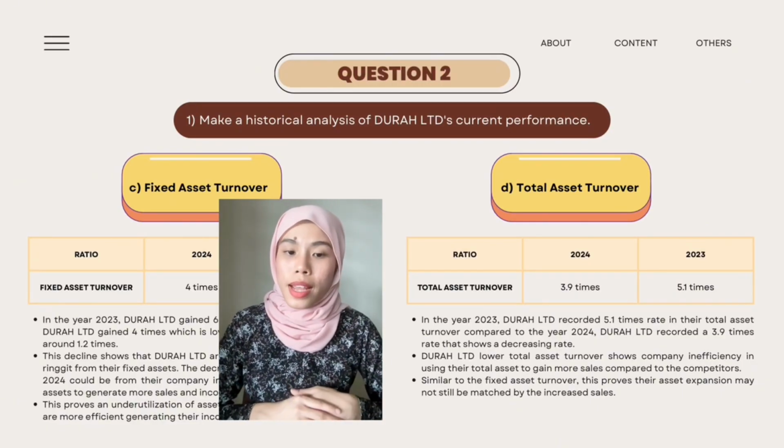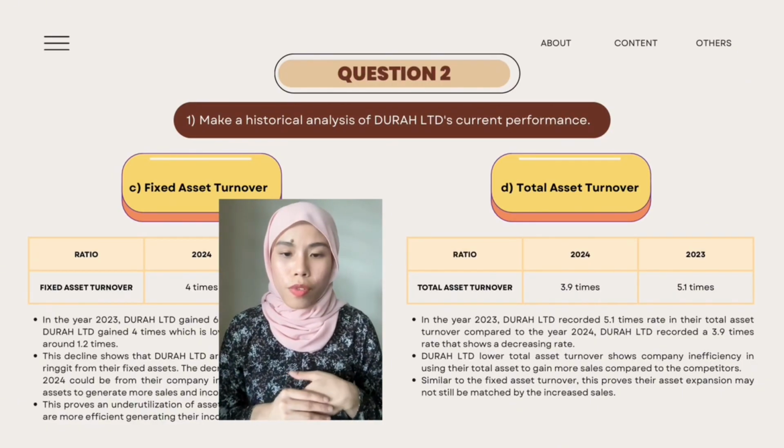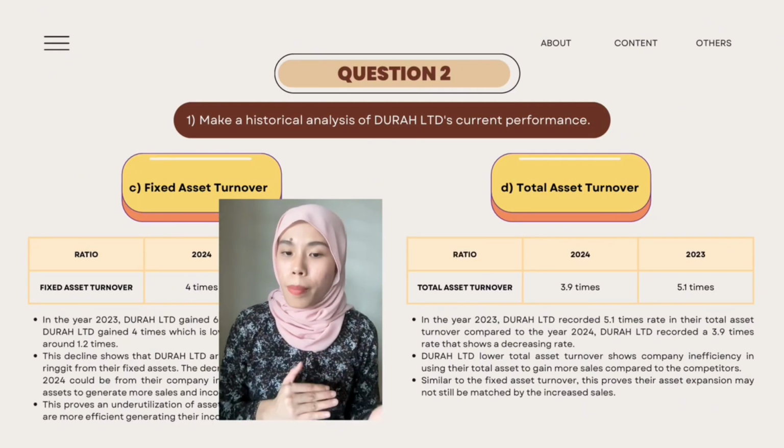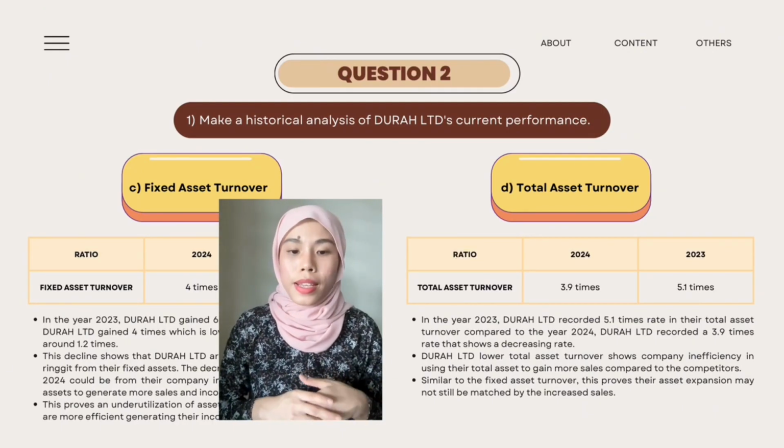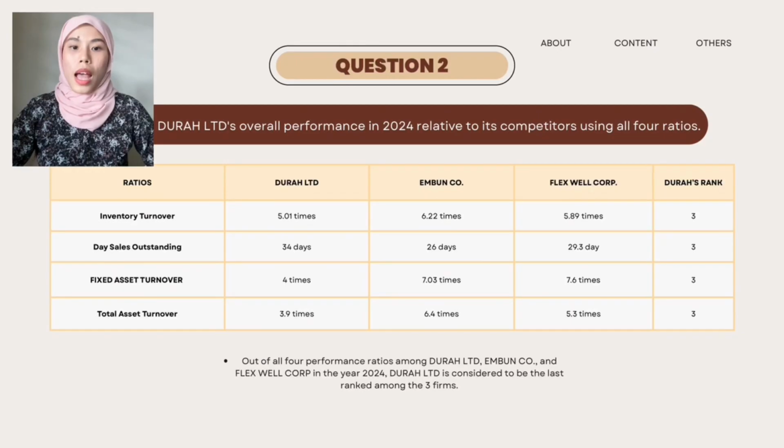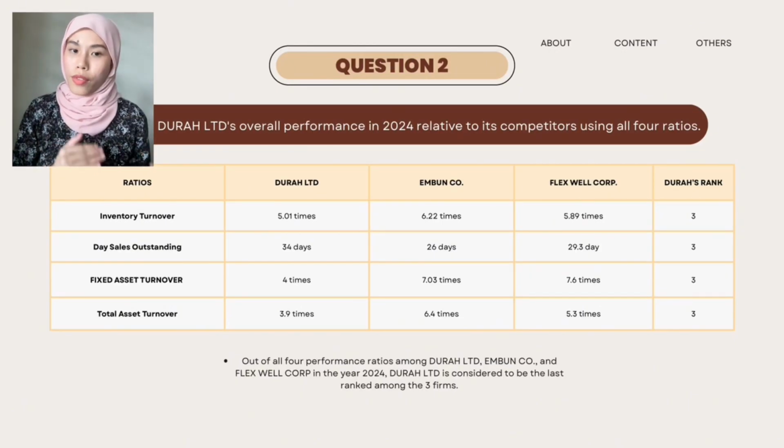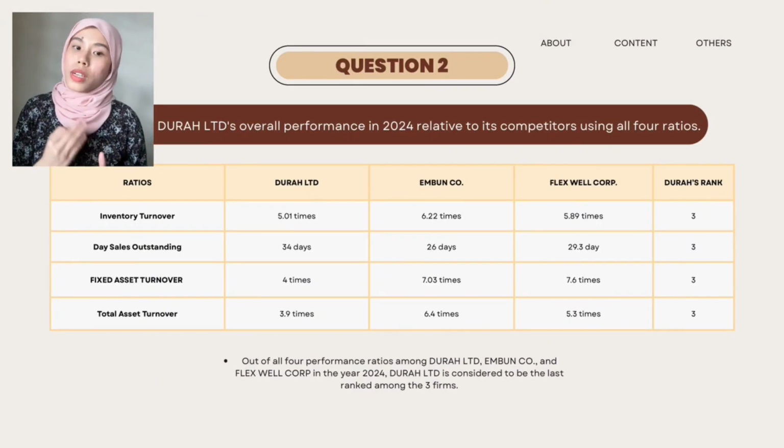Similar to the fixed asset turnover, this proves their asset expansion may not yet be matched by increased sales. Out of all 4 performance ratios among Dura Ltd, Ambon Co, and Flexwell Corporation in the year of 2024, Dura Ltd is considered to be ranked last among the 3 firms.